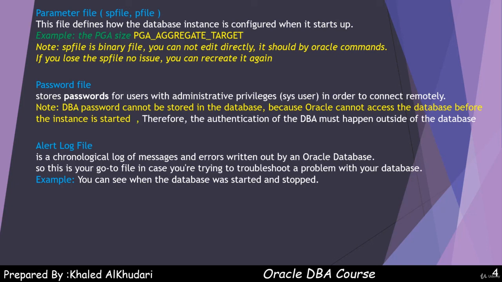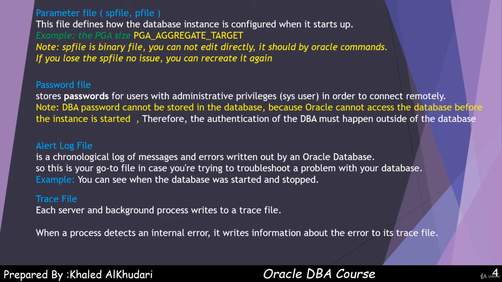This is your go-to file in case you are trying to troubleshoot a problem with your database. For example, the alert log file contains information about when the database was started and stopped. Besides that, it contains a huge amount of information that will help you to troubleshoot any problem.